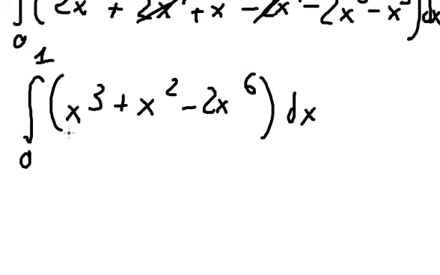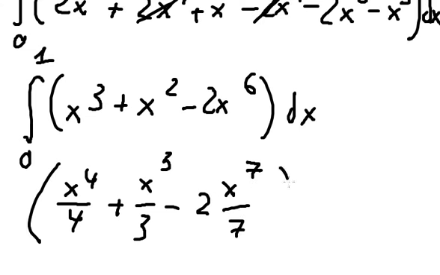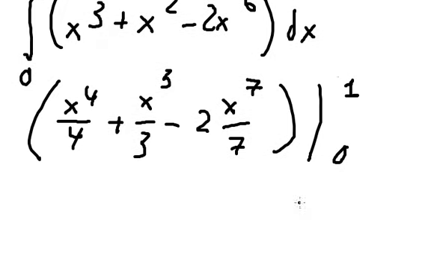Now the integration of this one, we have s to the power of 4 over 4 plus s to the power of 3 over 3 minus 2s to the power of 7 over 7. And now we put the bounds from 0 to 1.